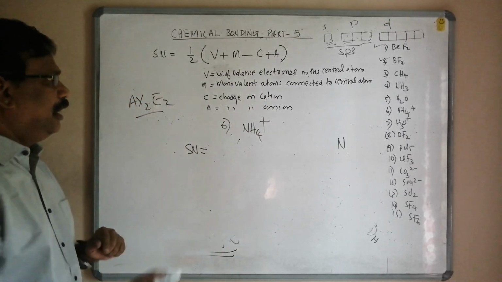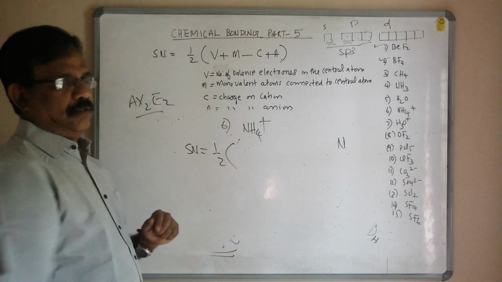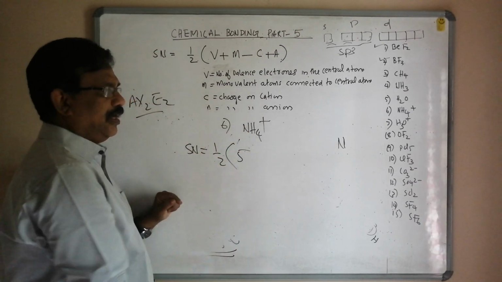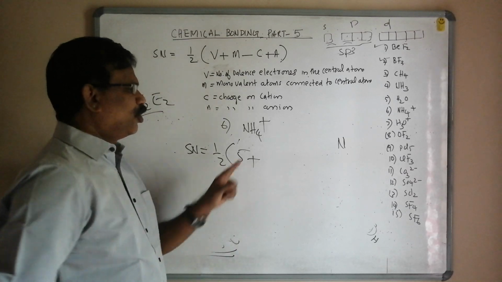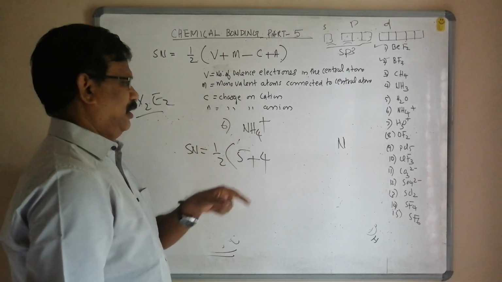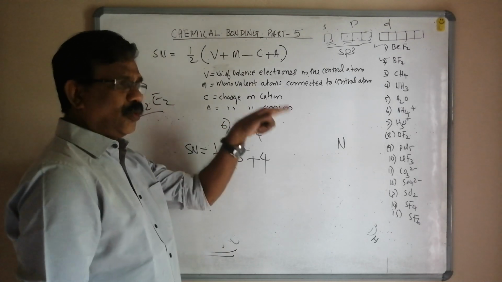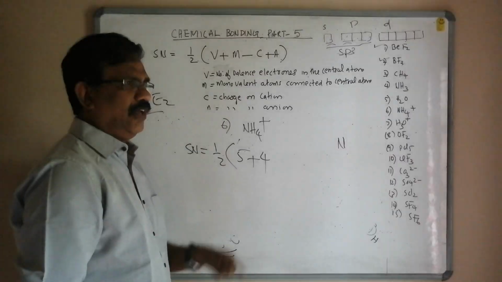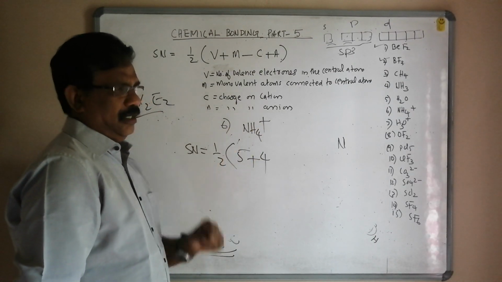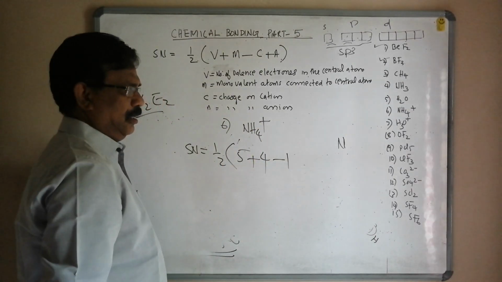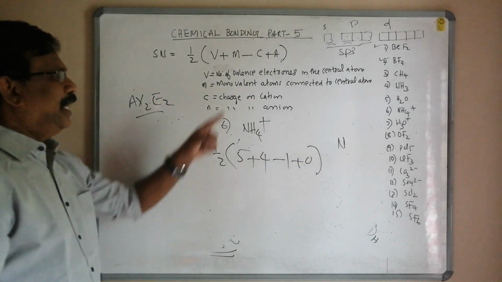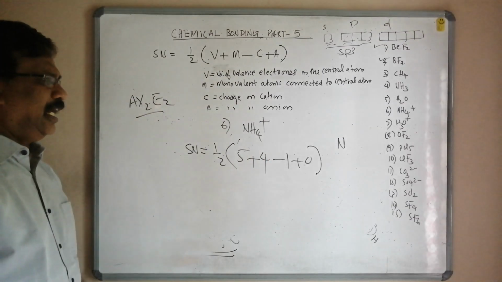So the shortcut formula is half into nitrogen, phosphorus, arsenic, 15th group, 5 electrons in the valence shell. Monovalent atoms is equal to 4. This is a cation. Cation means to lose 1 electron from its valence shell. We have to remove 1 electron from the valence shell. That means minus 1 plus 0, minus cationic charge. NH4 plus.